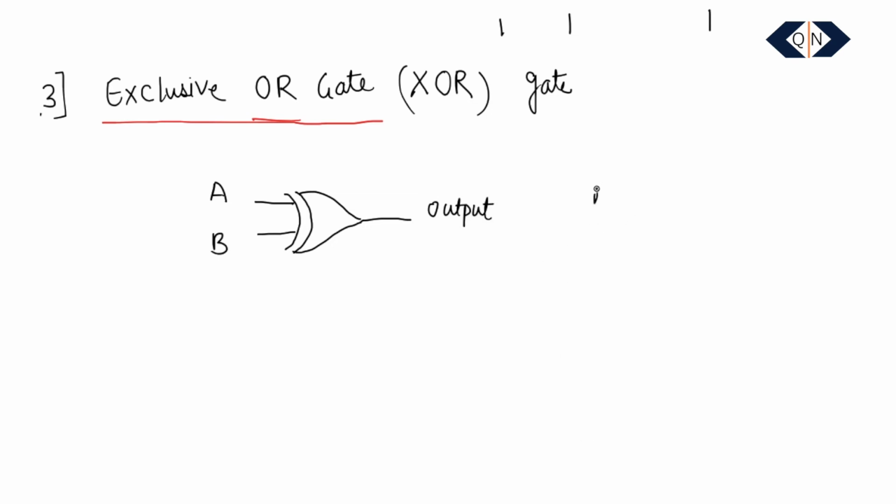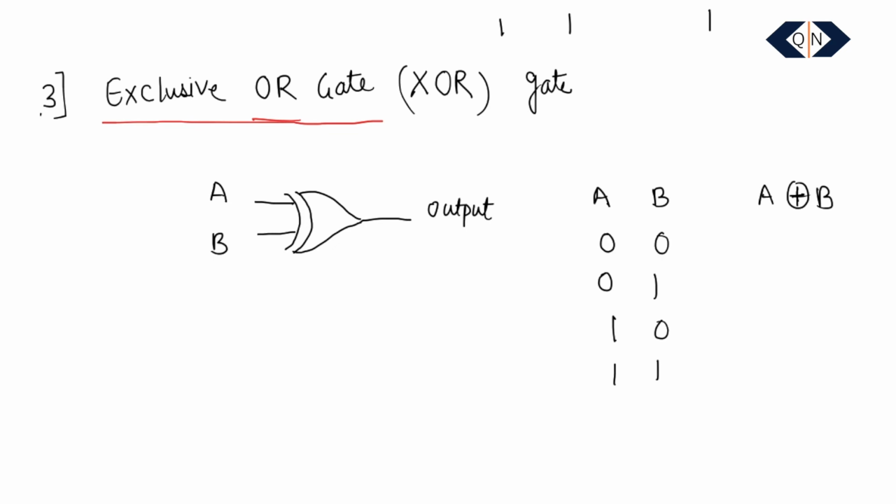Let's look at the truth table of the XOR gate. Its operation is denoted like this. We know the possible combinations: 0 0, 0 1, 1 0, and 1 1.